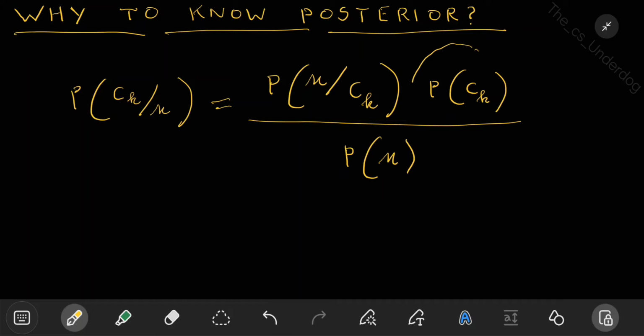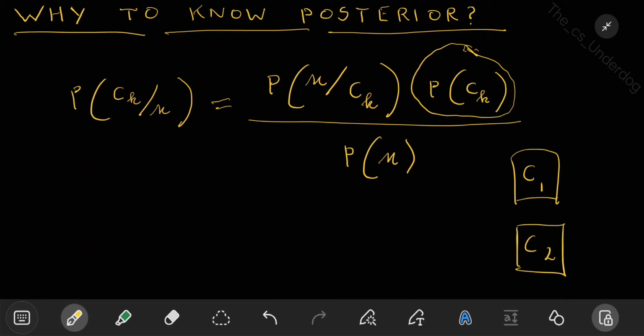One is that it has a prior. Prior depends on your subject knowledge, or maybe you derive it from the data. Either way, before you see the data, you are making an approximation of the probability of C1 and the probability of C2 according to your knowledge before seeing the data X. That is what the prior is.